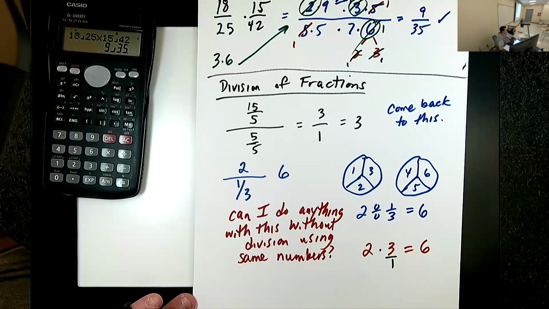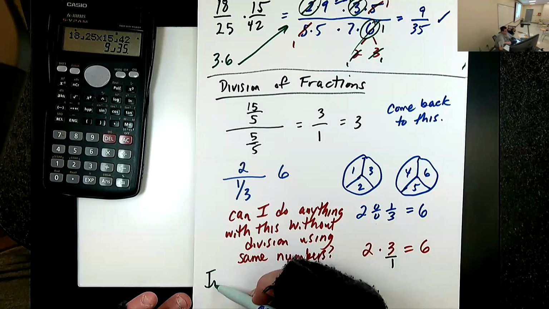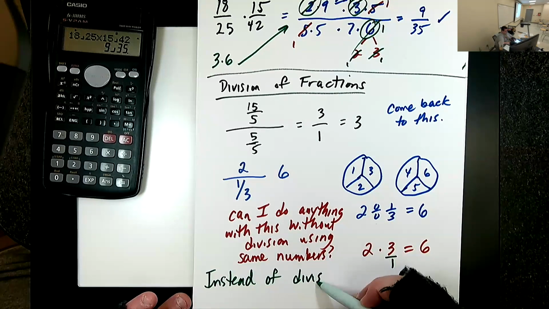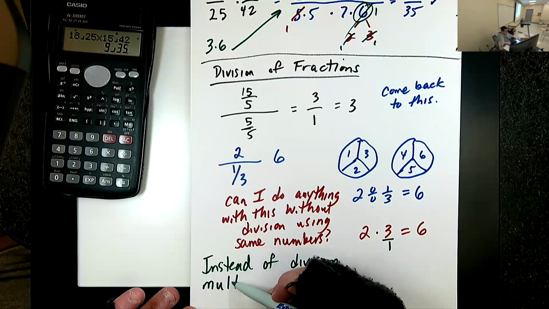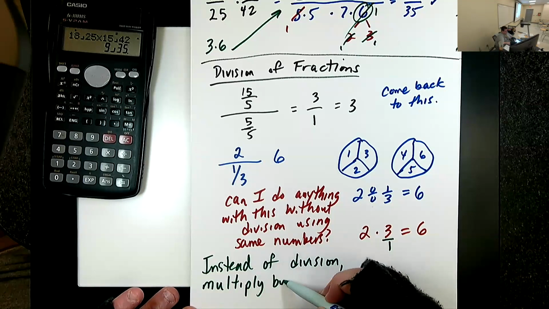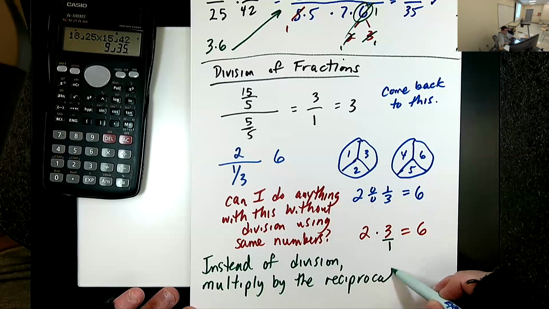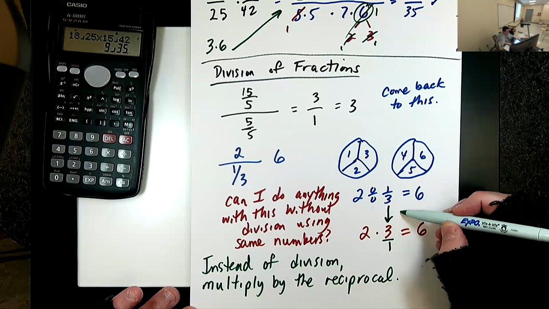The only reason I'm showing that is if we want, instead of division, multiply by the reciprocal. And I haven't said what the reciprocal is, but that's the reciprocal.